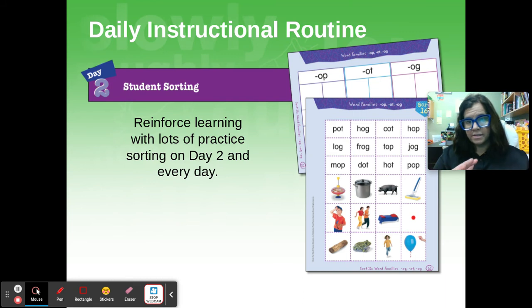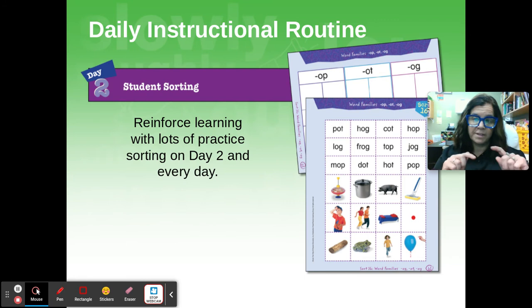Now, these slides are from Pearson, and they've set them up. And I am going to recommend something a little different than what they recommend. They recommend that the first sort be where they cut the words out, or they're on the digital and they're literally moving them around.